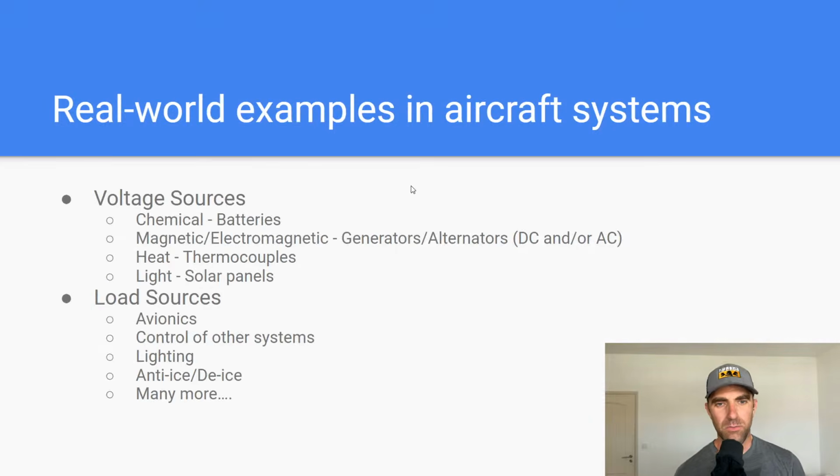All right, so some real-world examples in aircraft systems that you'll see. Voltage sources: chemical sources are going to be batteries, like the main batteries of the system. Magnetic or electromagnetic sources would be generators or alternators.